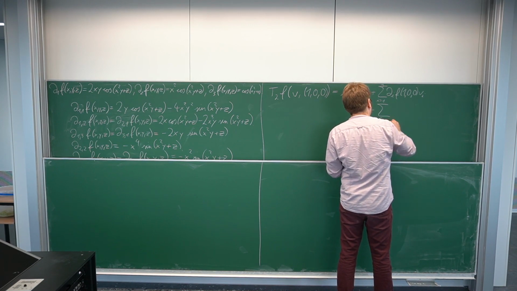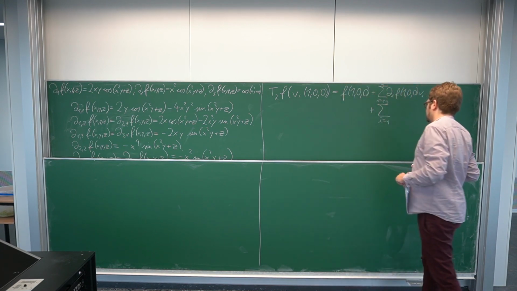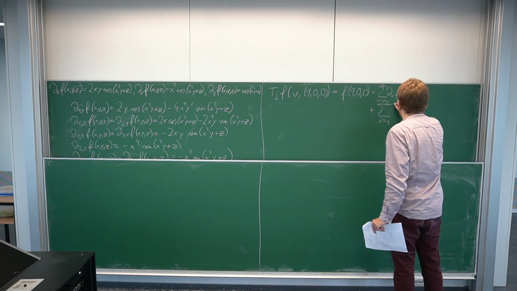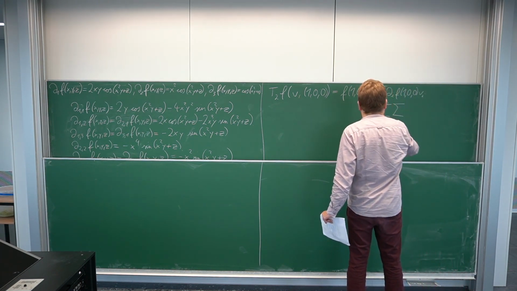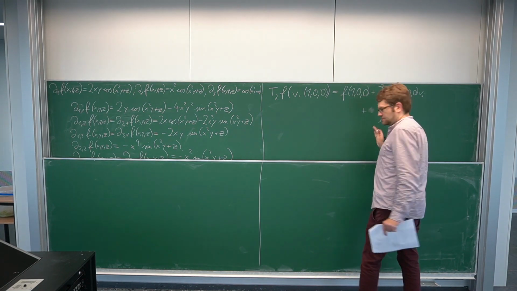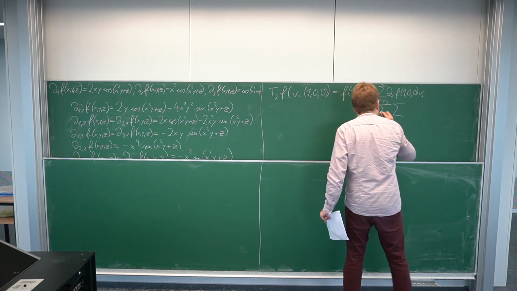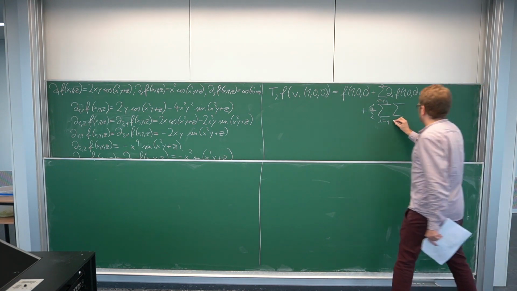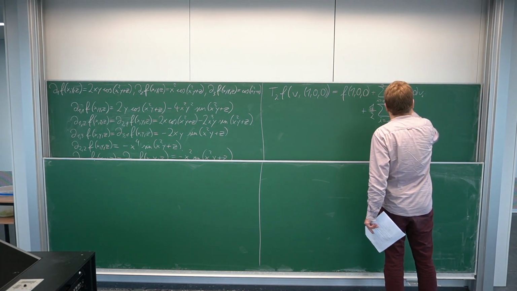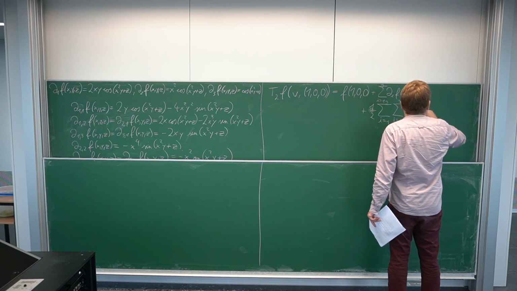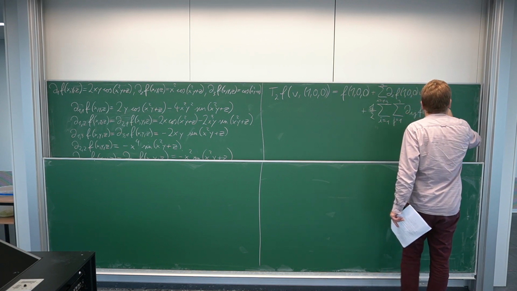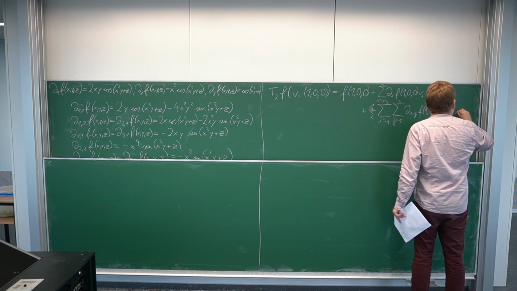Let me call the indices i and j for simplicity. So we take this double sum, with 1 over 2 factorial as a constant factor, so this is 1 over 2, the sum from i equals 1 to 3, from j equals 1 to 3, d_ij f at 1, 0, 0, v_i, v_j.